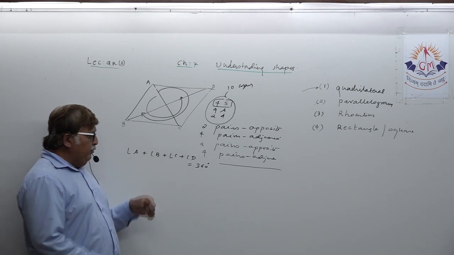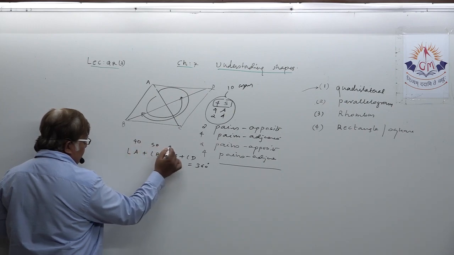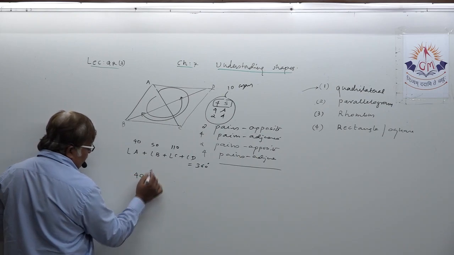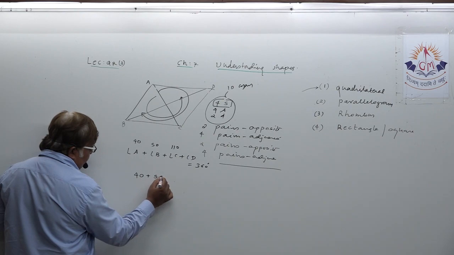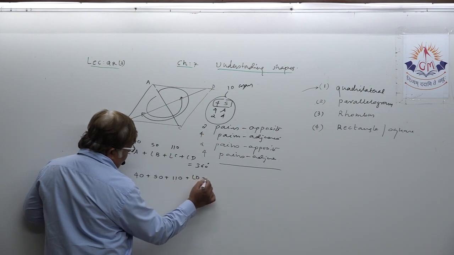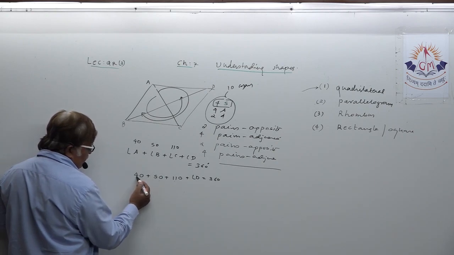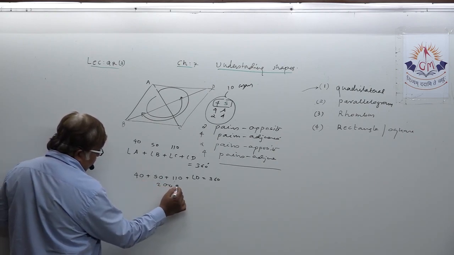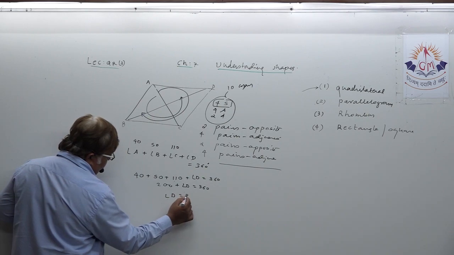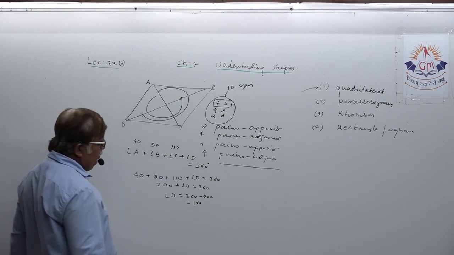Then mention the measurement of angles. Suppose angle A is 40, this is 50 and this is 110. How can you find it? First you write the formula: in place of A, 40, in place of B, 50, in place of C, 110, plus D equal to 360 degrees. Just add: 50 plus 40 plus 110 is 200, plus D equal to 360. Transfer: D equal to 360 minus 200, that is 160. Quite easy to understand.